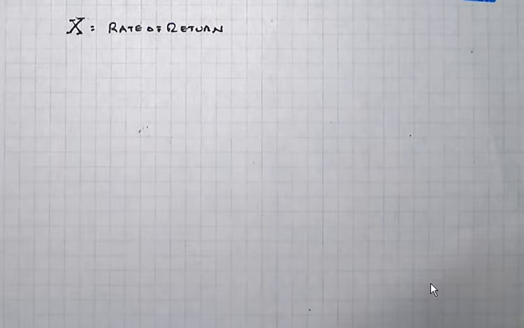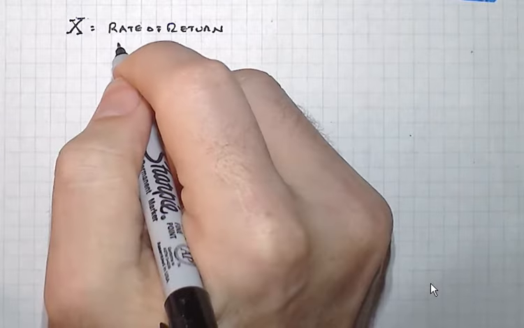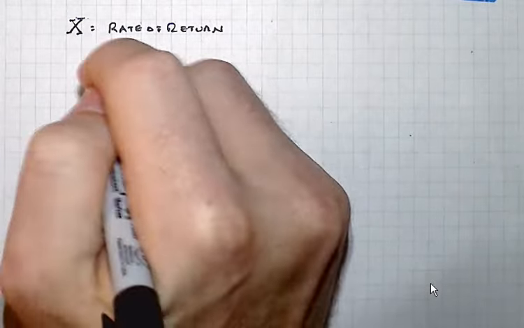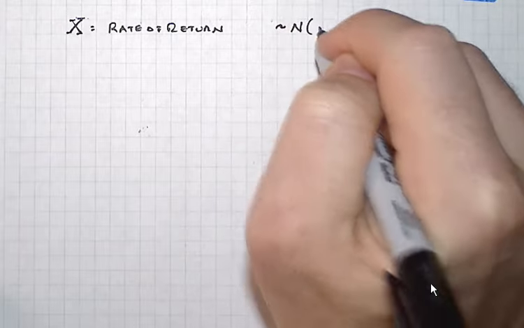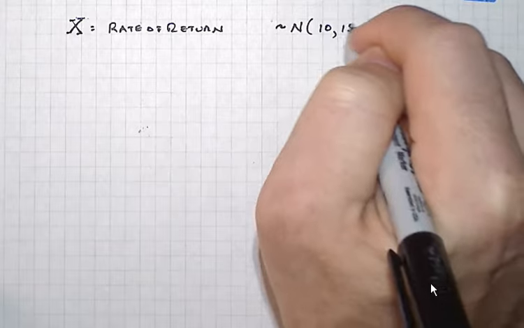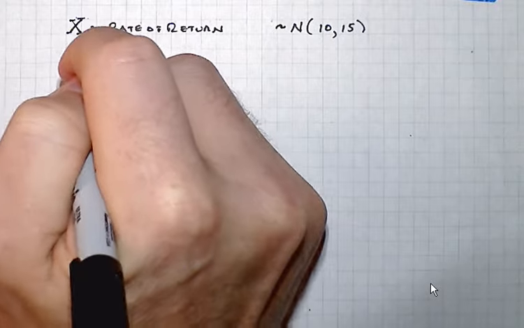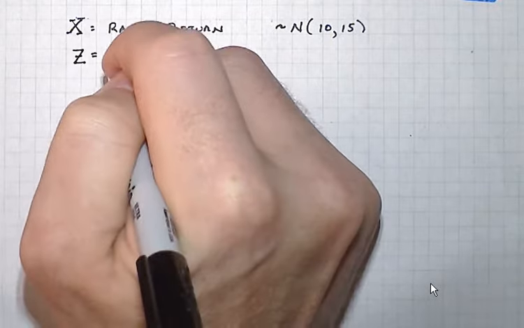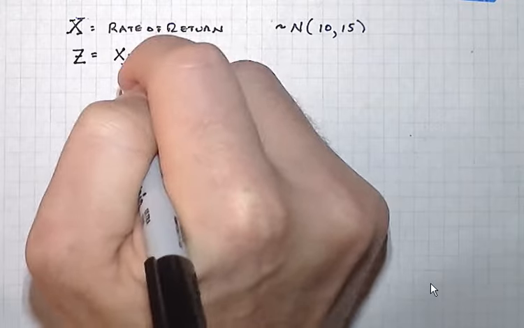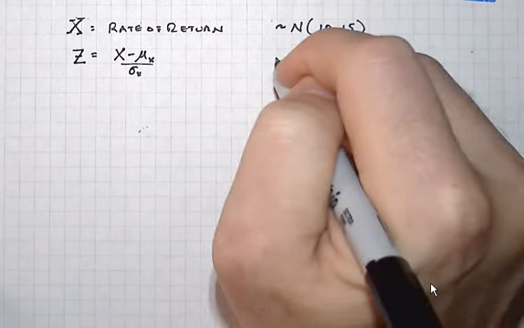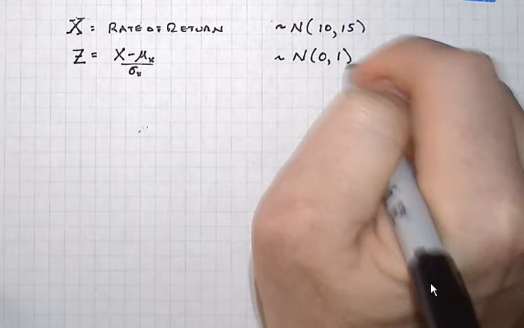Okay, so let's go back now to our rate of return example from a numerical standpoint. And remember, we said that this rate of return was normally distributed with mean of 10 and standard deviation of 15. And we also talked about that when we define z as being equal to x minus its mean divided by its standard deviation, that z was also going to be normal, but with mean 0 and standard deviation of 1.